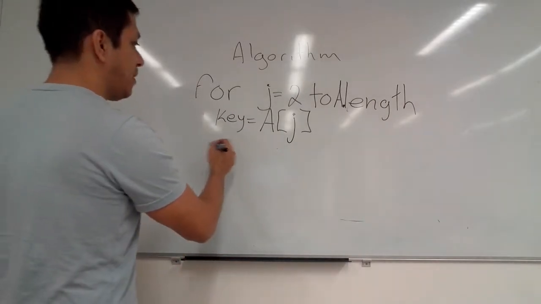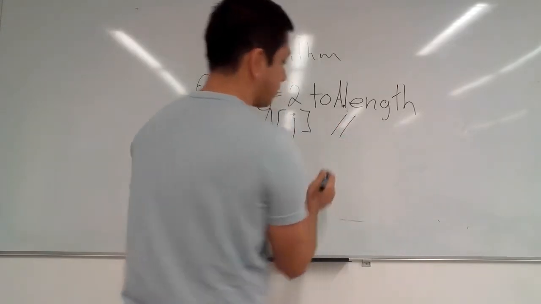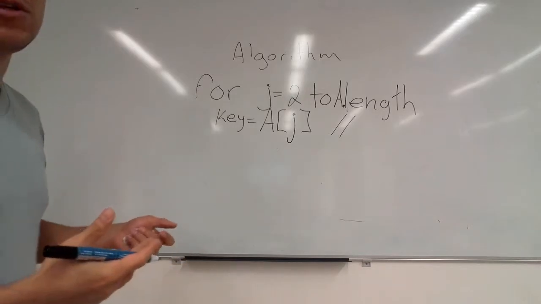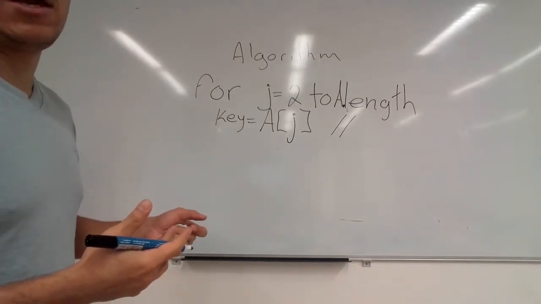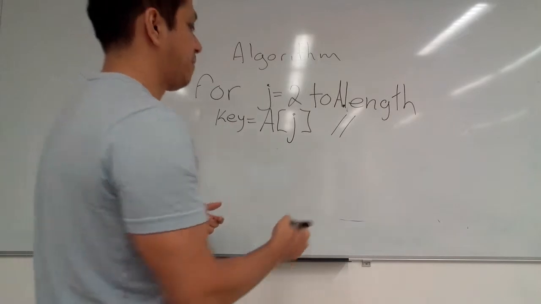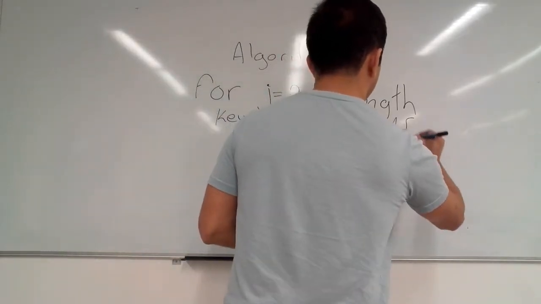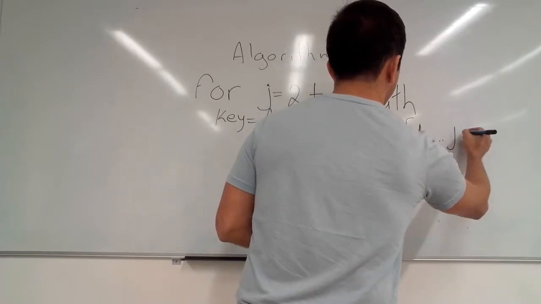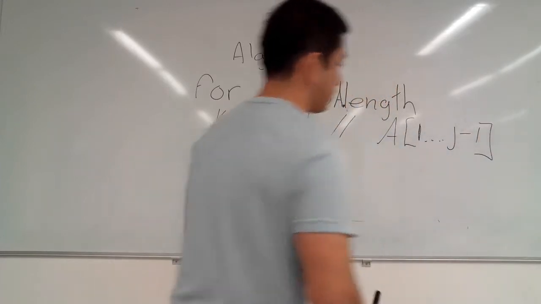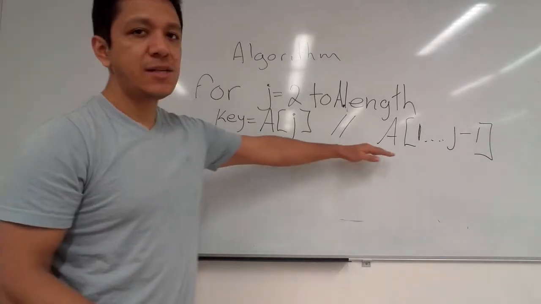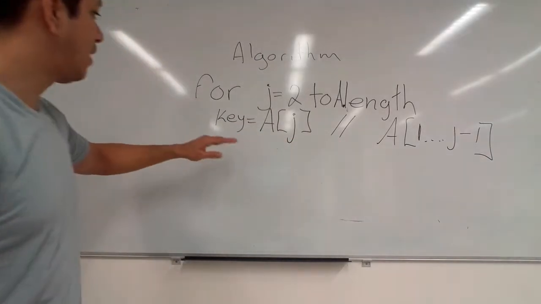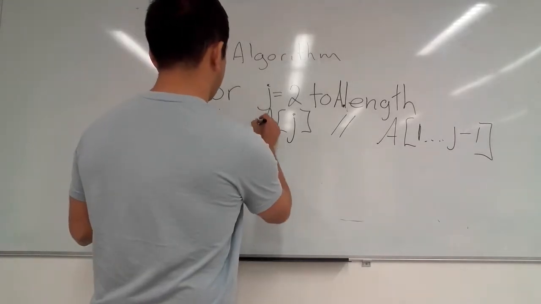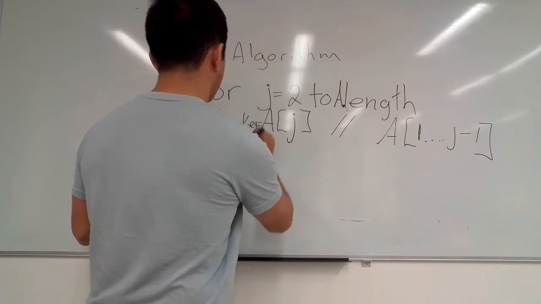Now, let's make one comment here. This section is just for a comment. That A[j] is inserted into the sorted sequence A[1 .. j minus 1]. This is going to be one comment, and I'm sorry if I put it here. It is going to be equal to key.